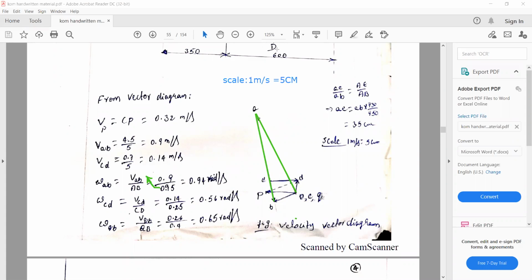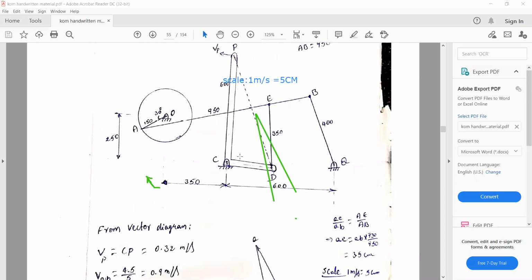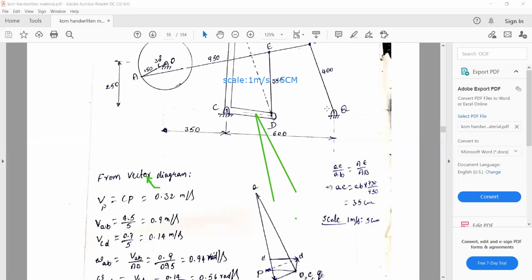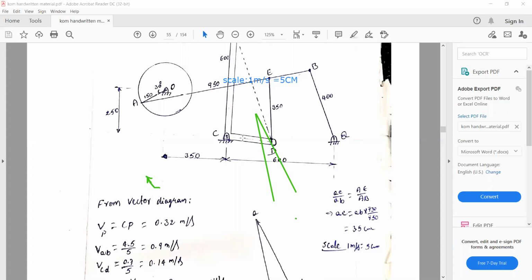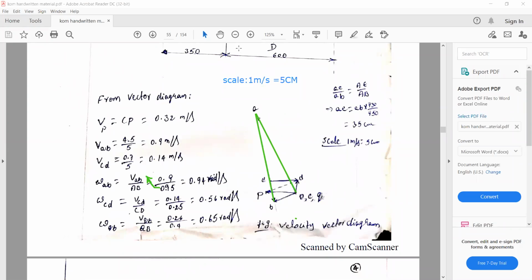C is also a fixed link, so CD and DQ are also there. AB is there, and also ED and BQ. CP is also there. C is fixed, and P needs the perpendicularity of the CP link.